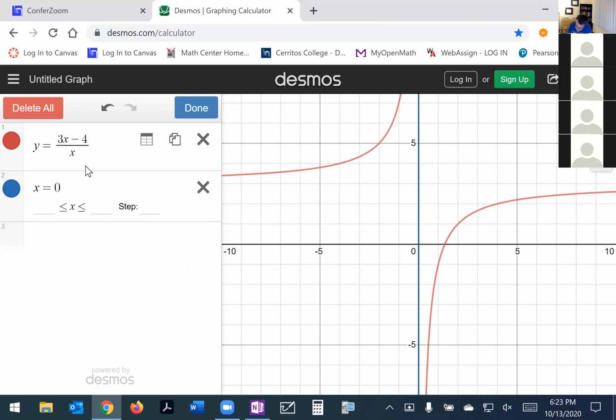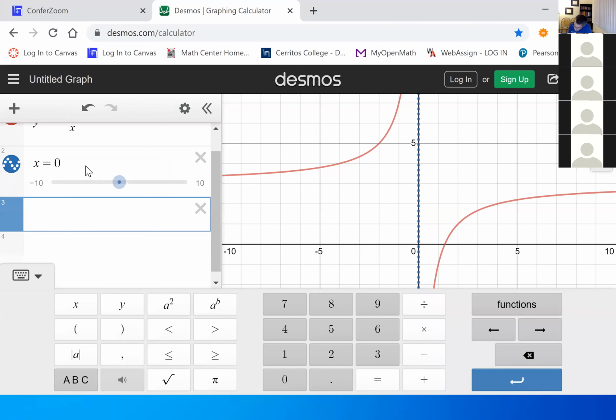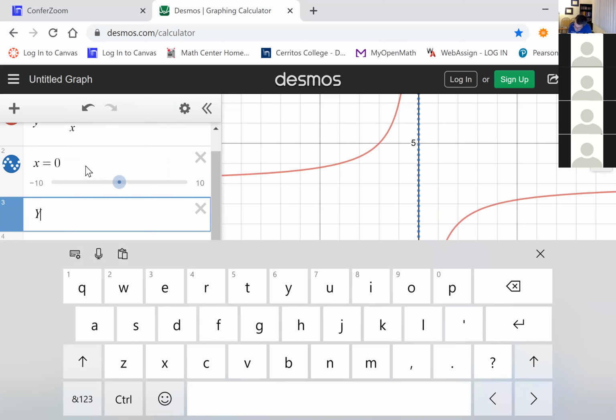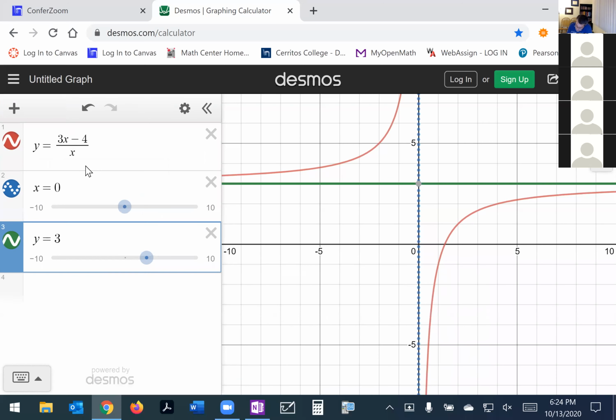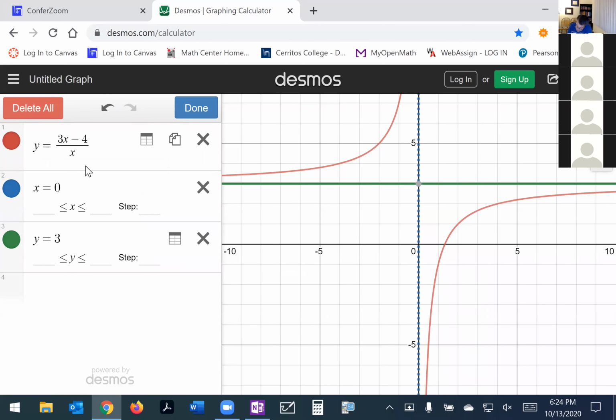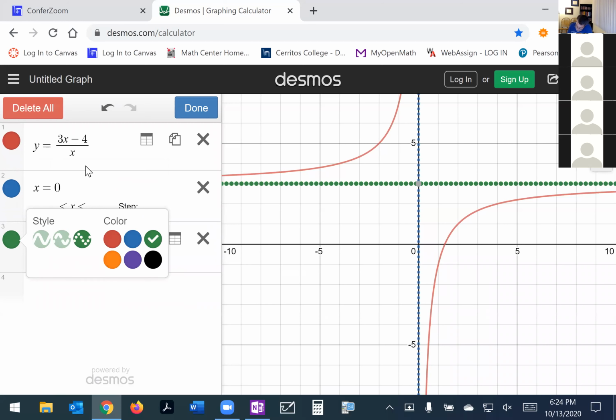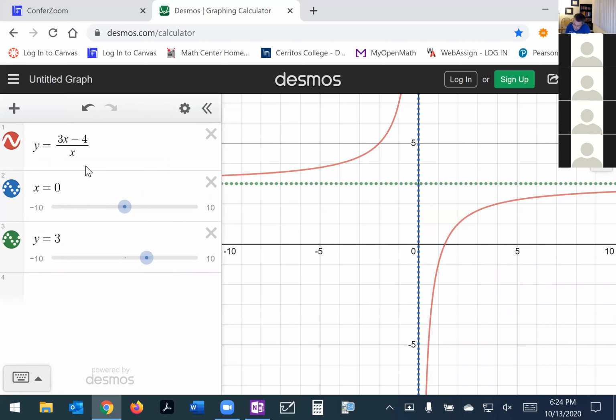Okay, there we go, that looks better. And then I'm going to put in y equals 3 as well, and make that a dashed line.